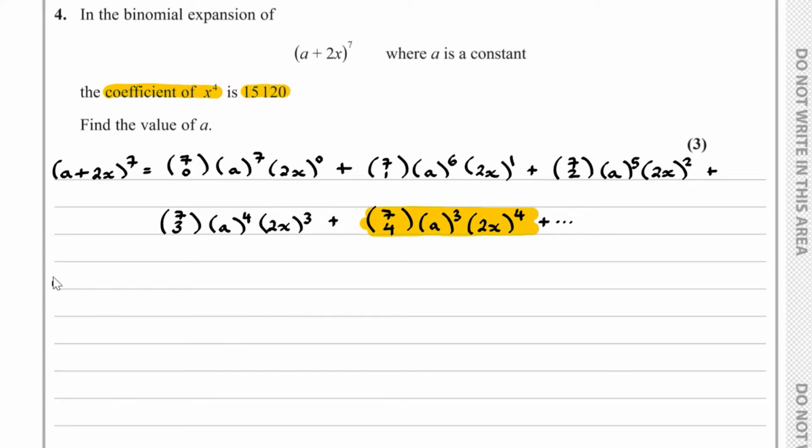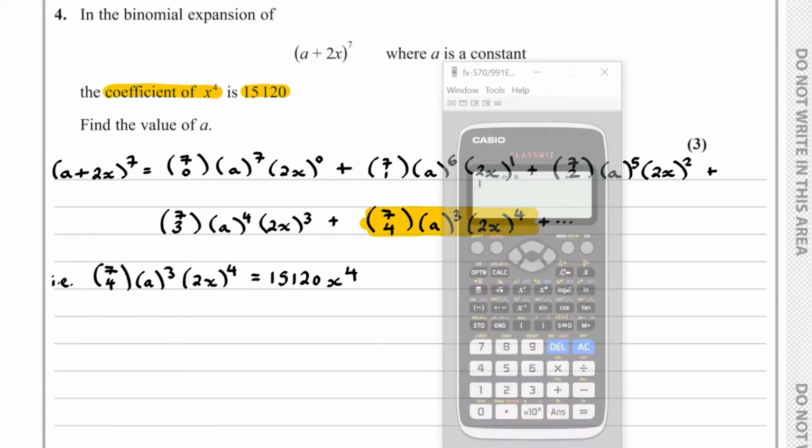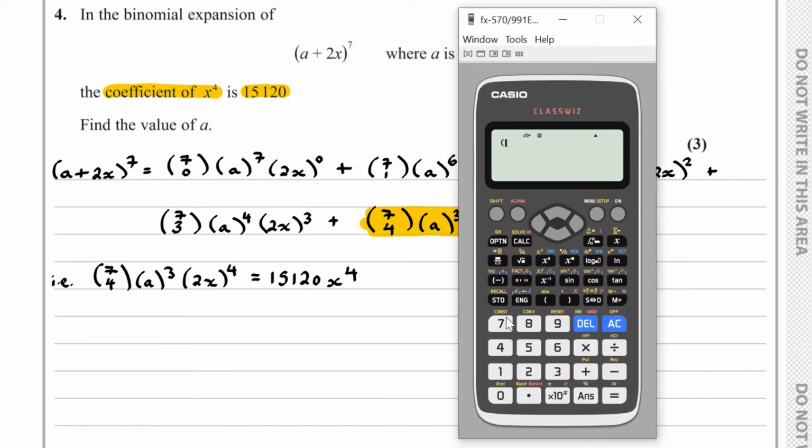So in other words, we have 7 choose 4, a to the power of 3, 2x to the 4, which will equal 15120 x to the 4. So if we tidy up the left hand side, we have here 7 choose 4 multiplied by the 2 to the power of 4.